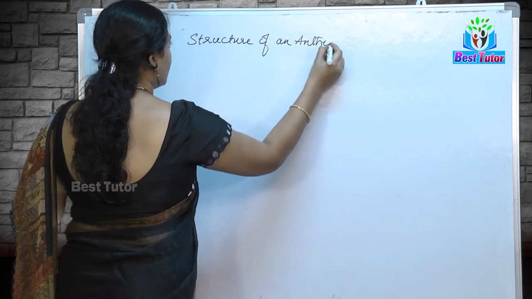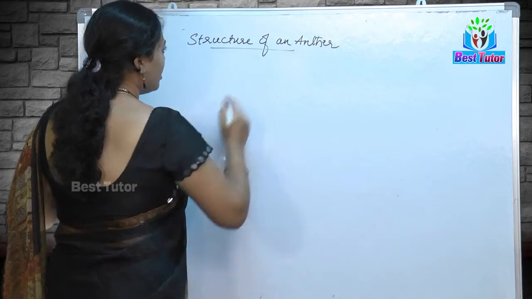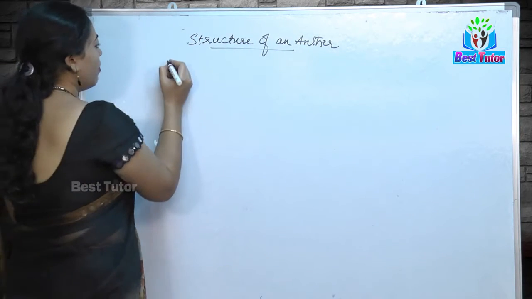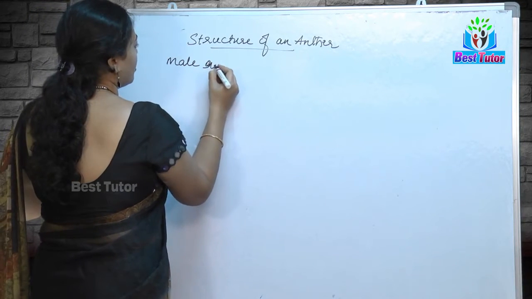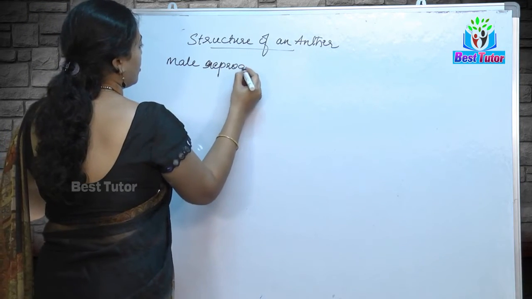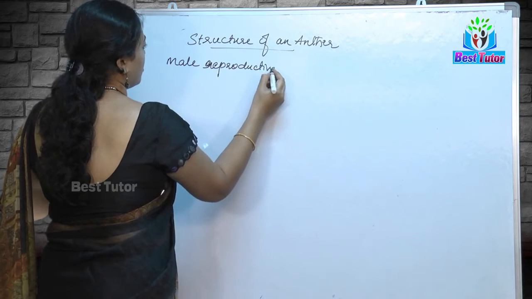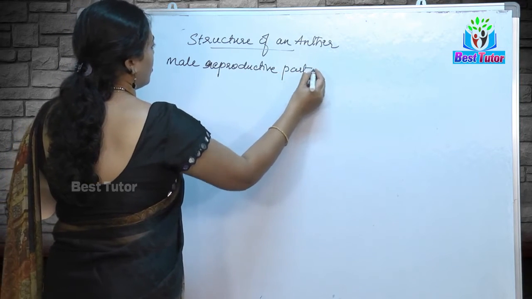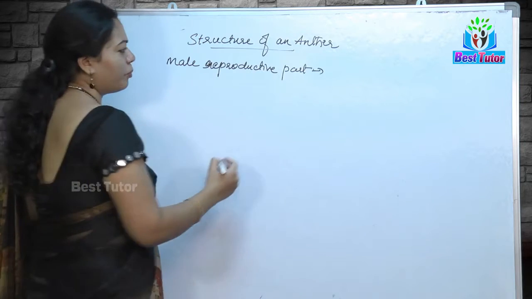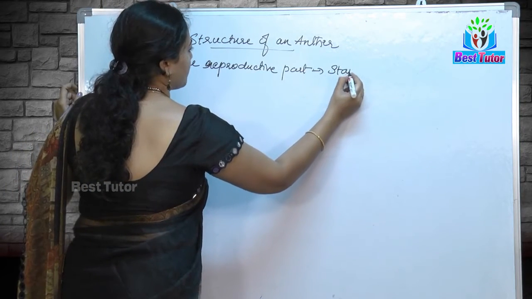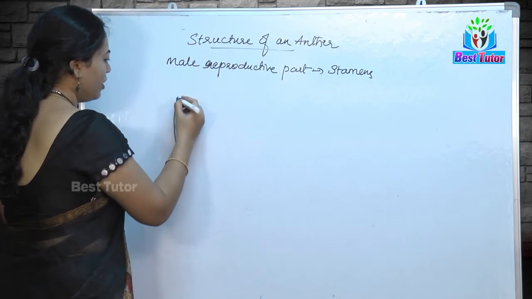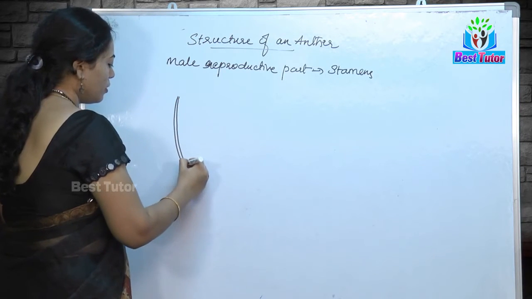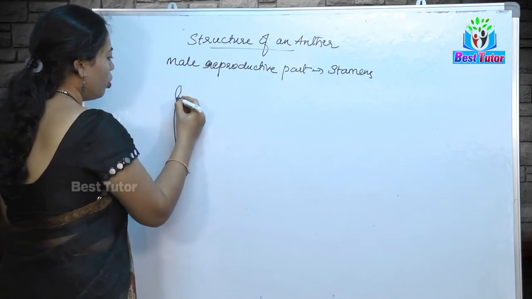Now as you all learnt earlier, the anther is the male reproductive part, which is present at the tip of the stamens. If you examine, they will have a long filament and a bilobed structure.